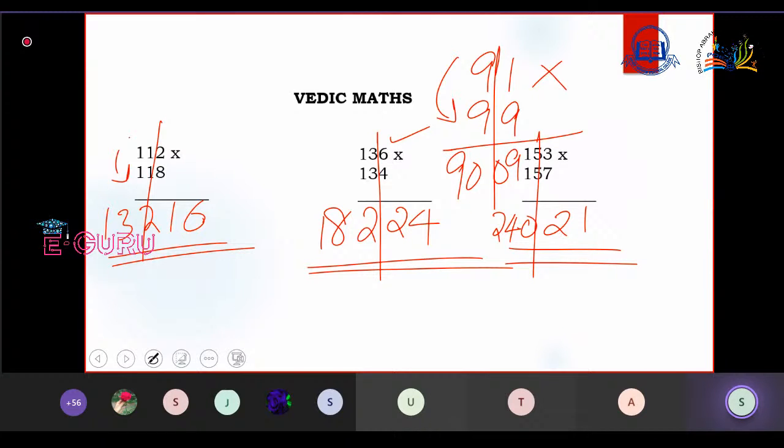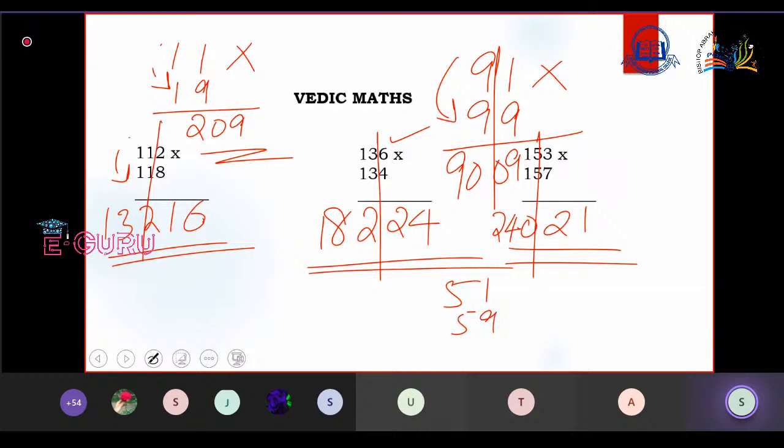So the answer will be 9009. If it is 11 into 19, then also you should write 09, not 9. Then 1 into 2, you write 2. 209 will be the answer. 51 into 59, the answer will be 09 and 5 into 6, 30. So 3009 will be the answer. Clear?